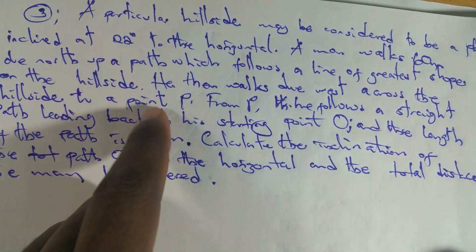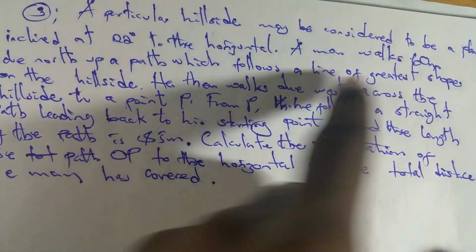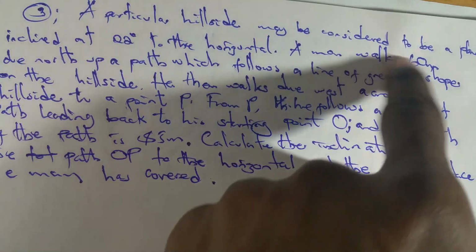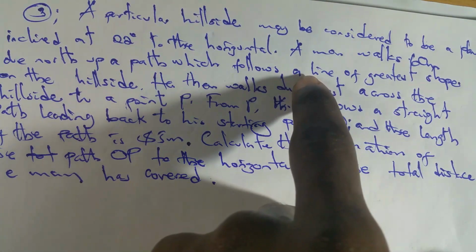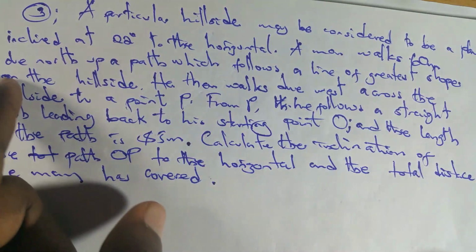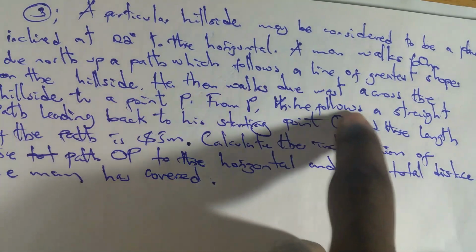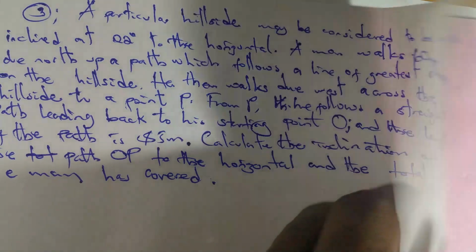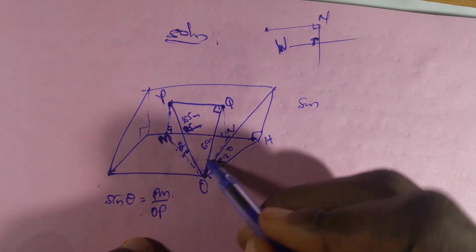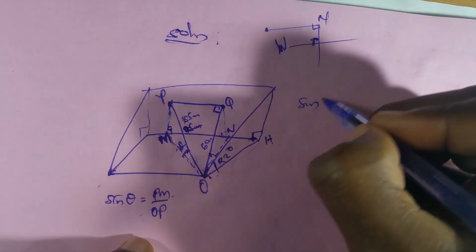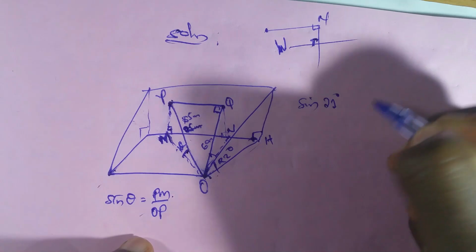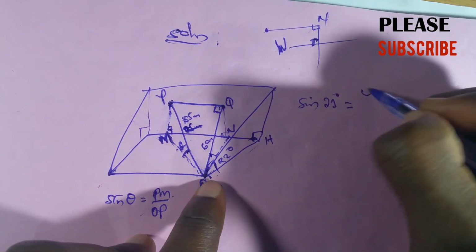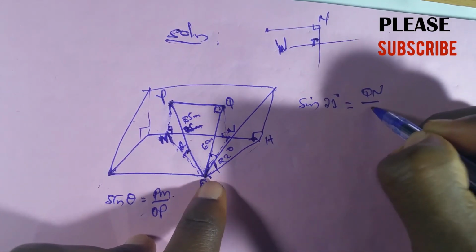Let me check what the question is saying. The man walks 60 meters due north, following a line of greatest slope on the hillside. It's still 22 degrees, since it's the same inclination. Sine 22 degrees is given by the opposite, QN, out of the hypotenuse, which is 60.